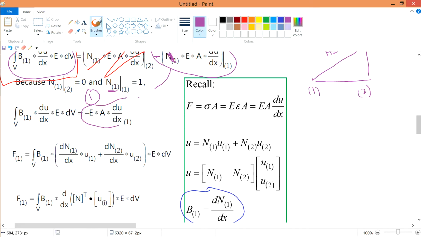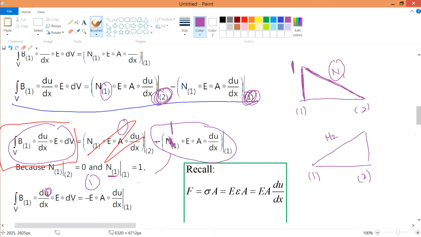This thing over here is equal to F1, while the only difference is that I change U to equal N1 U1 plus N2 U2. So take note, U equals N1 U1 plus N2 U2. How does this come about? If you still remember our shape function, this is the N1.